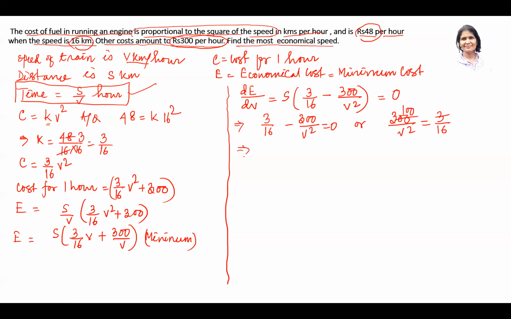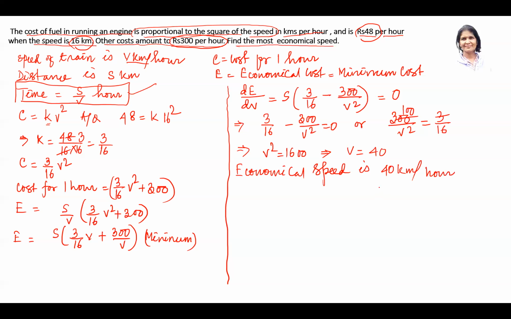This gives me V square is equal to 1600 or V is equal to 40. So economical speed is 40 kilometer per hour.